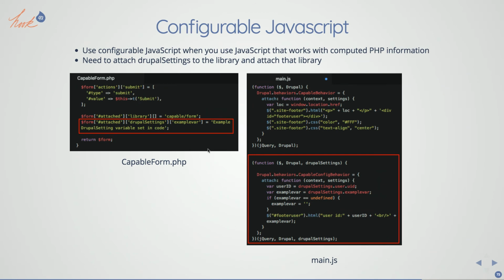And then you need to also attach Drupal settings to your form that you're using. In this case, I'm attaching it to the form, and I'm giving it an example variable. So I'm creating a PHP element of an example variable in the form, and then in the JavaScript, I'm accessing that PHP variable and I'm pulling it in.